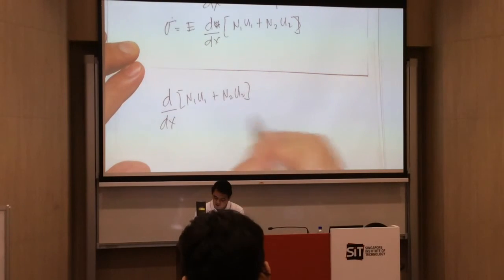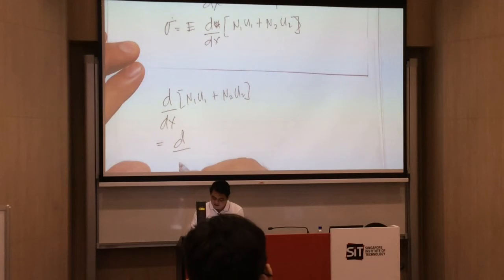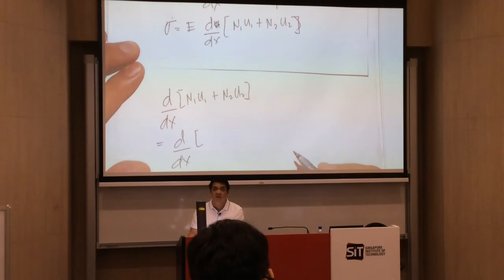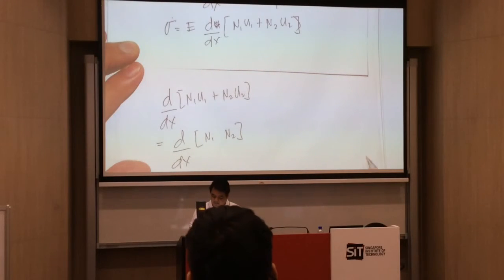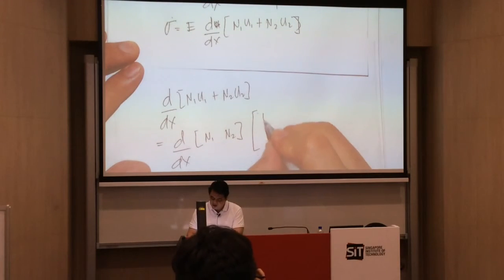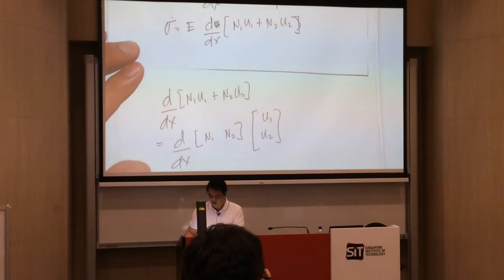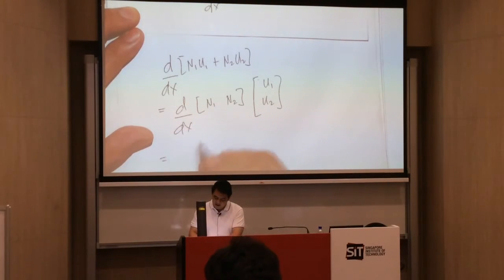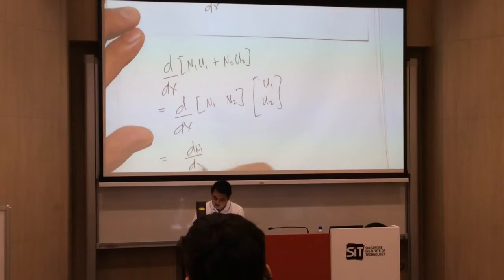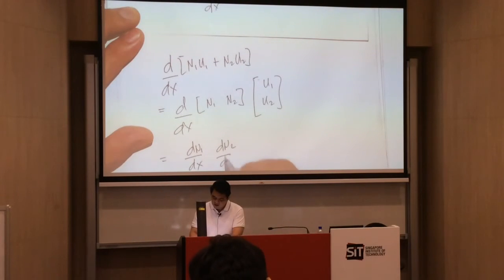So we can have this one to be d/dx of N1 N2, and this will be U1 U2. So take the derivative of that, dN1/dx, dN2/dx.